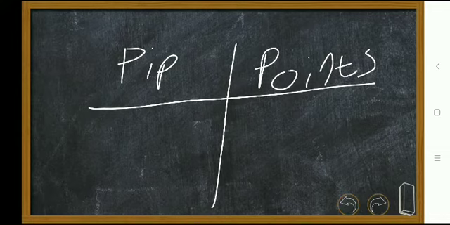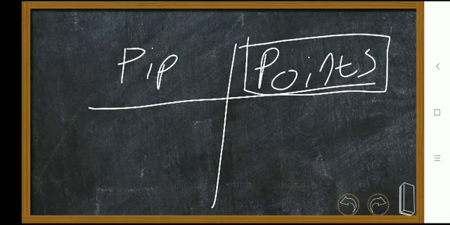So, okay, we're back to pips and points. Because on the market you will be seeing these terms very often, especially this one, point. But then when we talk, we'll talk in pips.